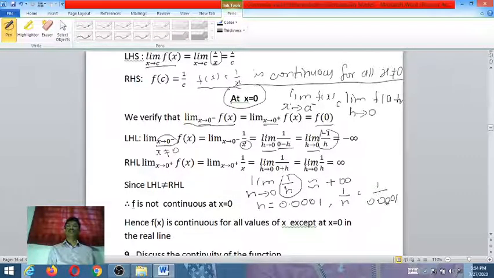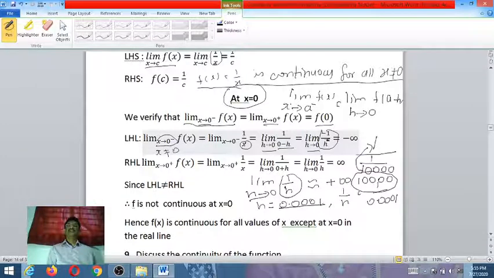What is 1 by 0.0001? It is 1 followed by 4 zeros, that is 10000. So it is a big number, isn't it? That means when the value of h is very near to 0, 1 by h becomes very large. So minus 1 by h becomes very small. That becomes minus infinity.